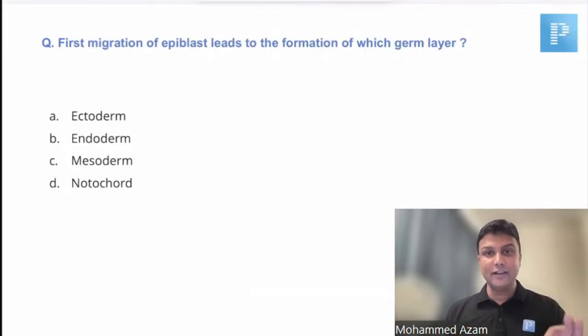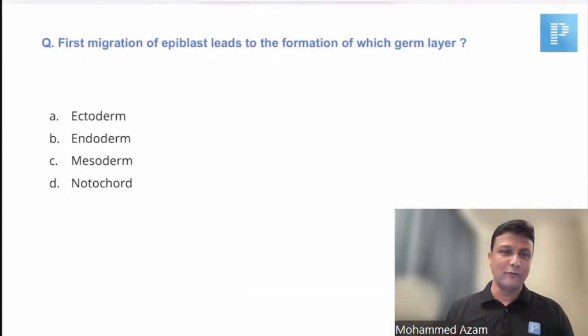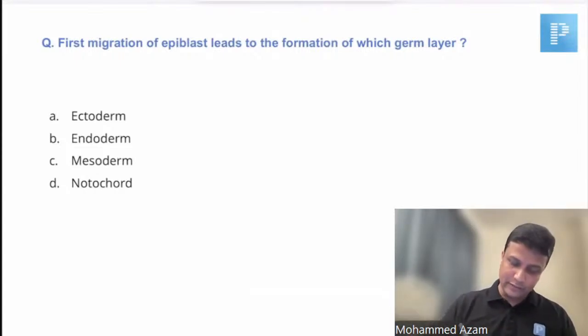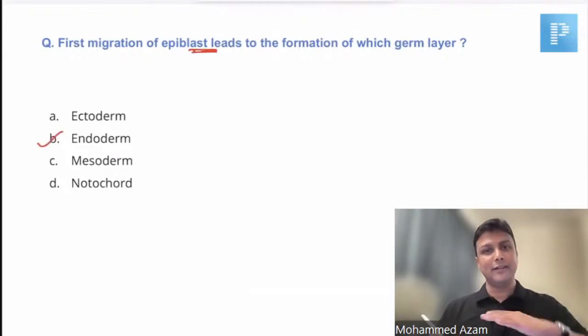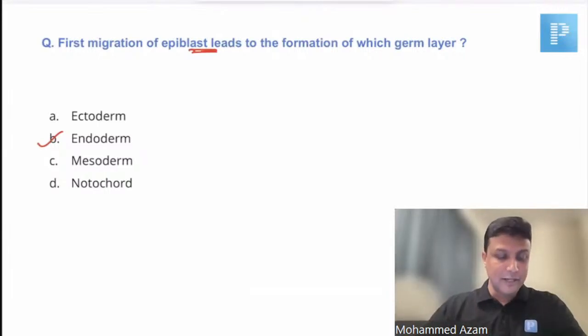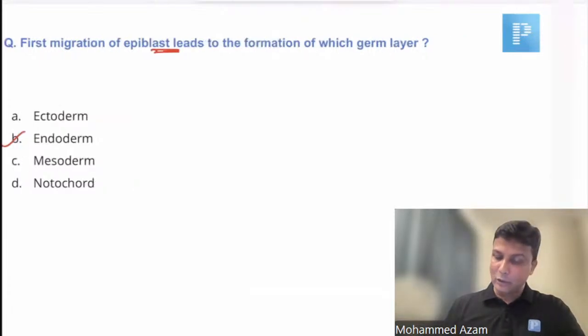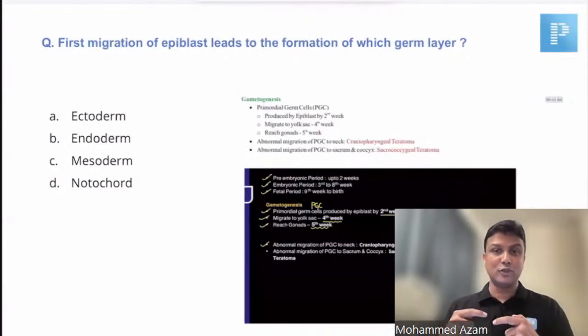So we have written there the sequence of formation of the germ layers. The first germ layer to be formed will be the endoderm. So whenever the epiblast cells are migrating, the first germ layer to be formed will be endoderm, followed by the mesoderm, and then followed by the ectoderm. Fine. This we have discussed in the general embryology section about the migration of the epiblast cells.